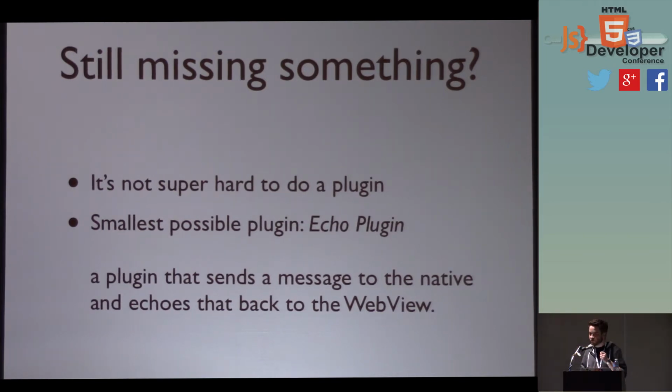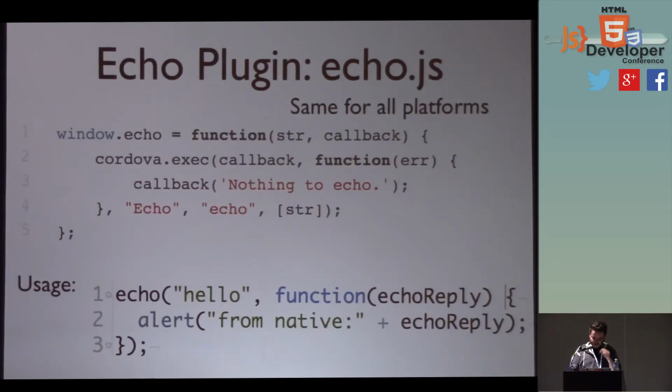So for example, this Echo plugin is the smallest possible thing you can do. A plugin that basically just sends a message, and then the native code echoes that message back to you, to the web view. And here's the JavaScript part. That's the same for all the platforms. So there's the actual implementation.